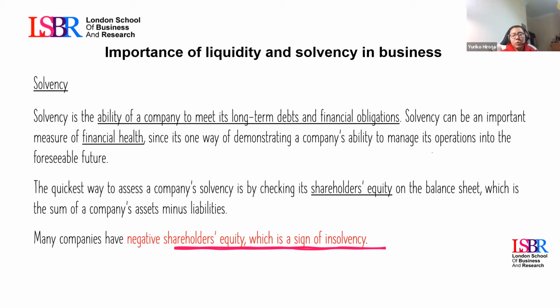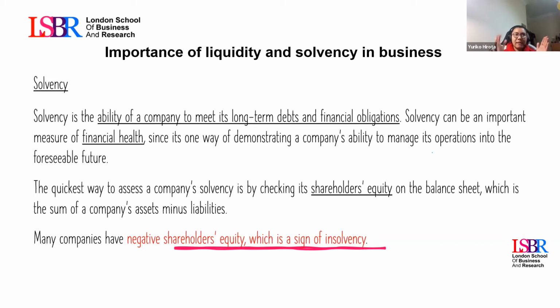So, same as in liquidity, solvency has another way of checking, kind of the ratios that we saw in the previous slide. But basically, in this case, the quickest way to assess a company's solvency is checking the shareholders' equity.